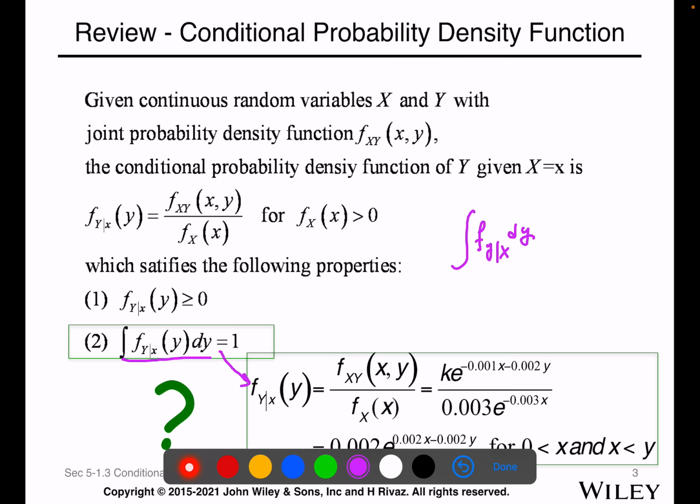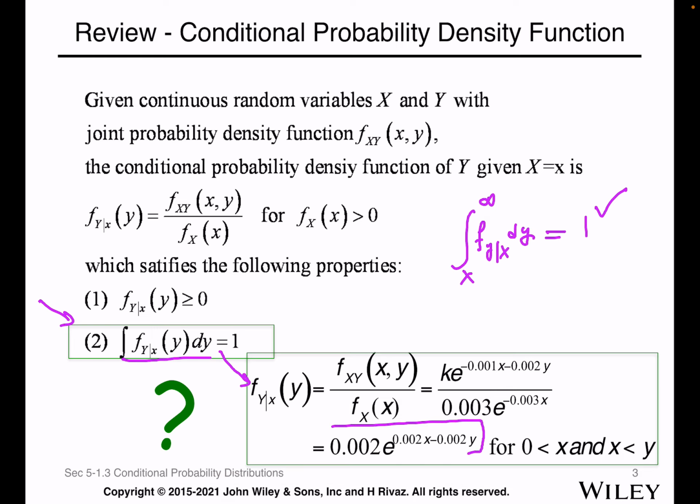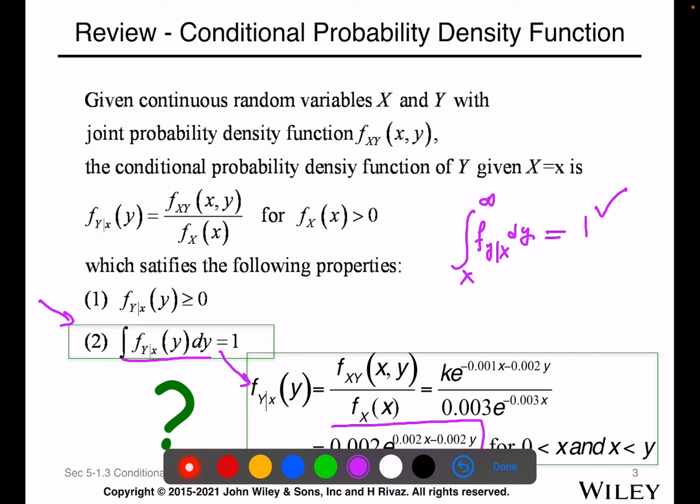So to check this condition, what I have to do is plug in here from X to infinity. And in fact, if you do this integral at the end, you will get 1, right? So it's correct. This is what we got here. We already looked at this in the previous class. So this is not a wrong conditional PDF, meaning that it does satisfy this property that if I integrate it over all Y's, it does give me 1.